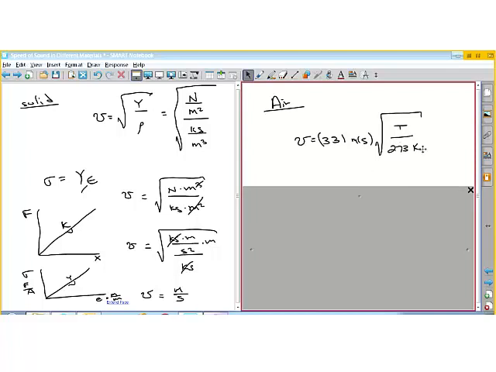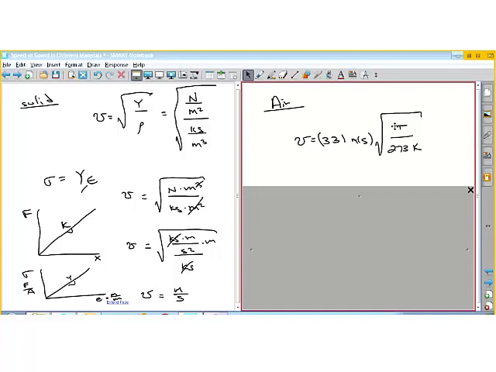To find it at a temperature other than 273 Kelvin, you just put in the actual temperature. If it's greater than 273 Kelvin, then you have a higher speed. If it's less than 273, you have a lower speed. So this is the equation that you'll use to calculate the speed of sound in air at temperatures other than 273 Kelvin, which is 0 degrees C, which is 32 degrees Fahrenheit.